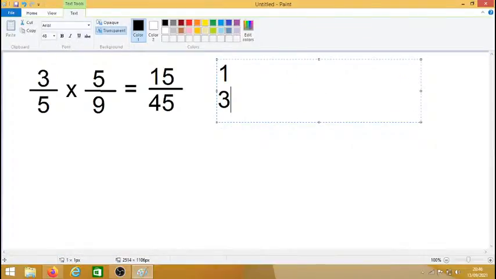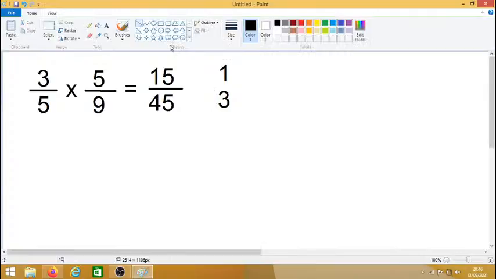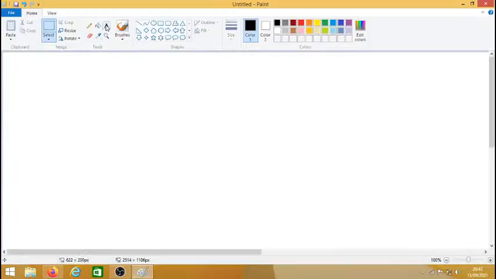Same answer. With these kind of questions, as in numbers, it's going to be easy both ways. But when you get to harder questions with a lot of algebra, it's better to cancel. So always look for what numbers cancel.